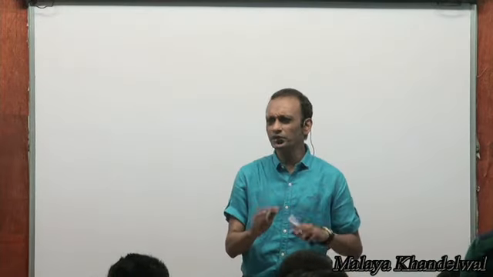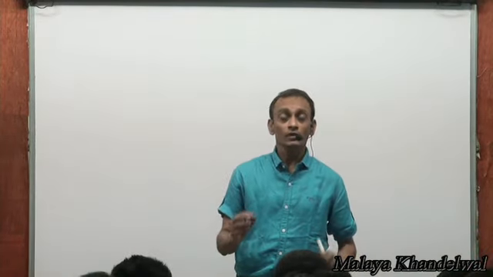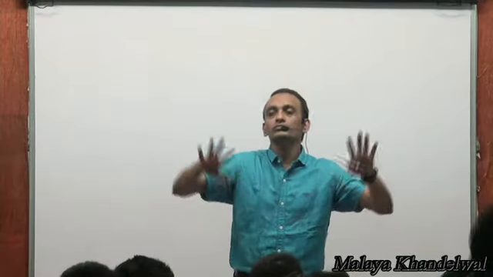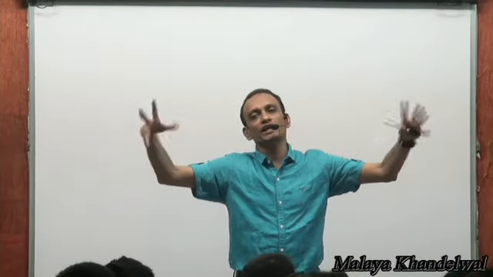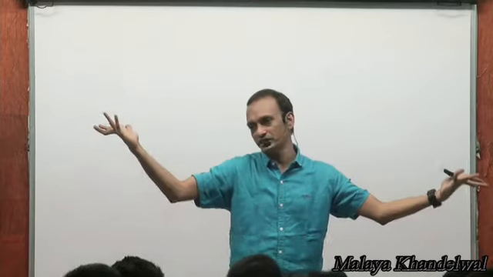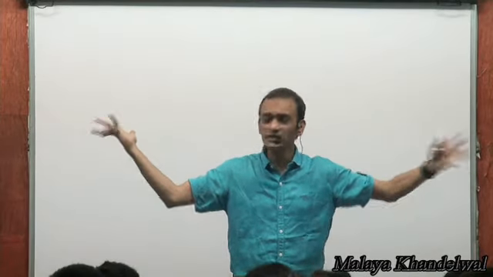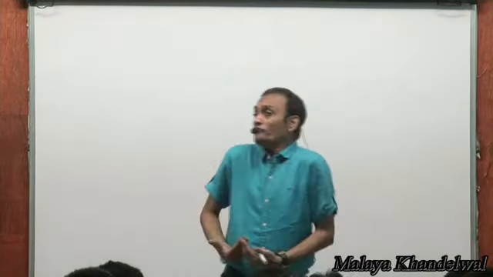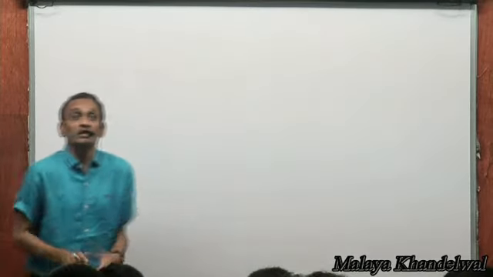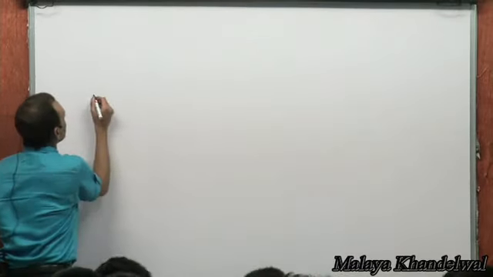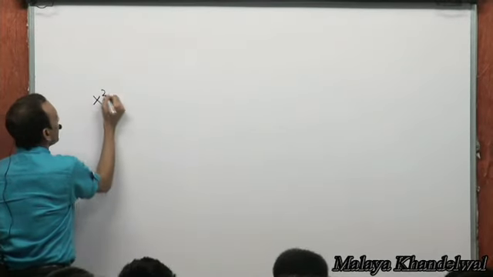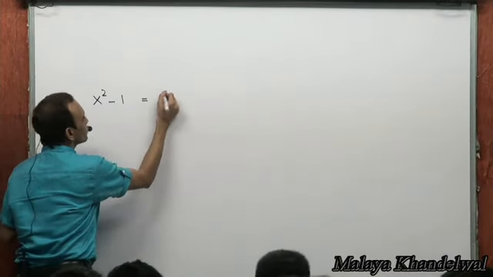Okay, you're right. You could have stated that a little better. Both an equation and an identity are mathematical statements. When I talk of an equation, it's a statement, let's say, something like x square minus 1 equal to 0.